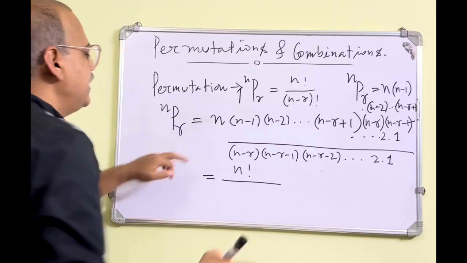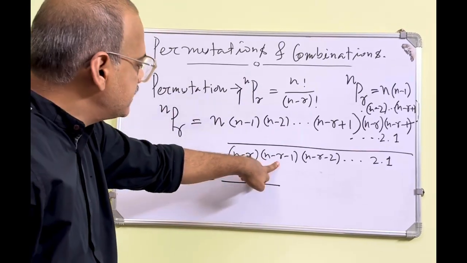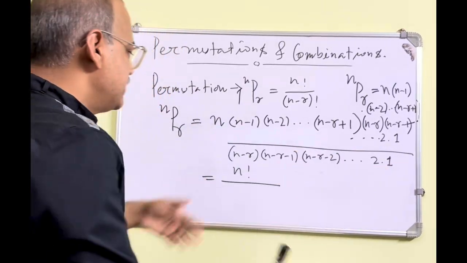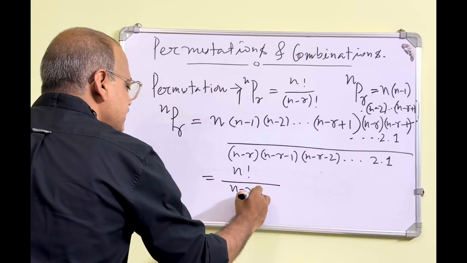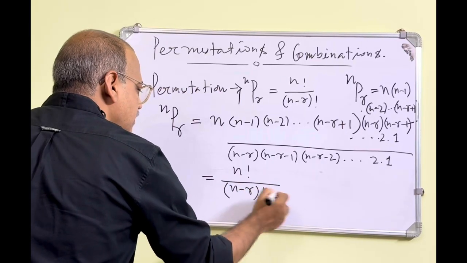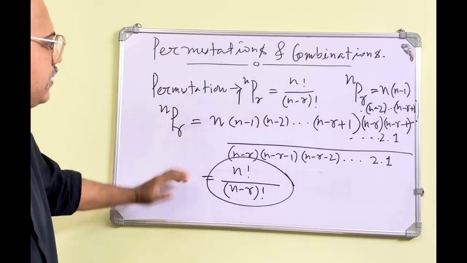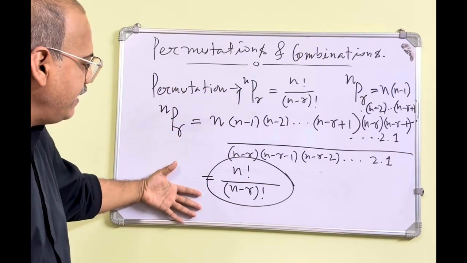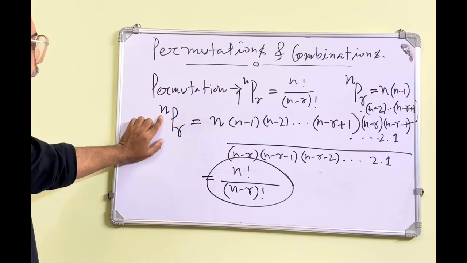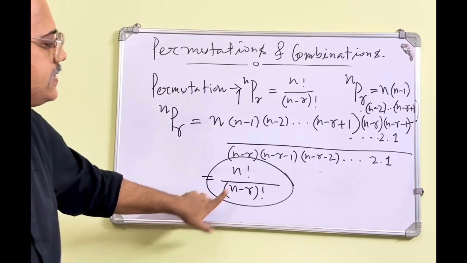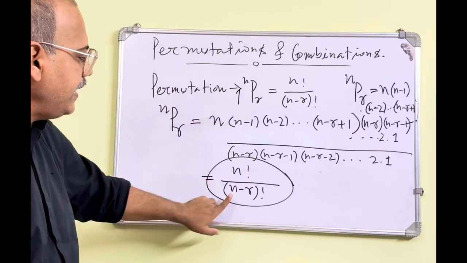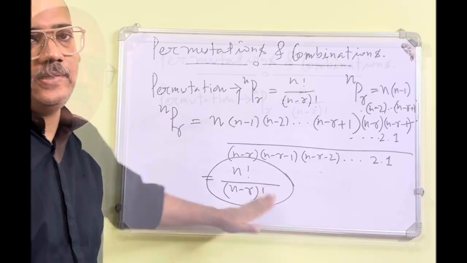In the denominator, we have n minus r, n minus r minus 1, all the way till 1, which is nothing but n minus r factorial. So it's simple. We can easily derive how nPr is nothing but n factorial by n minus r factorial.